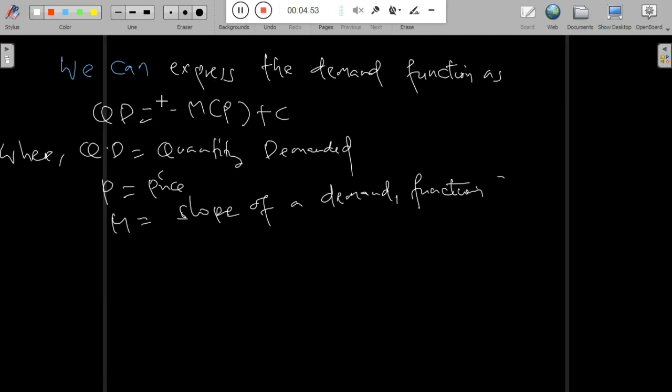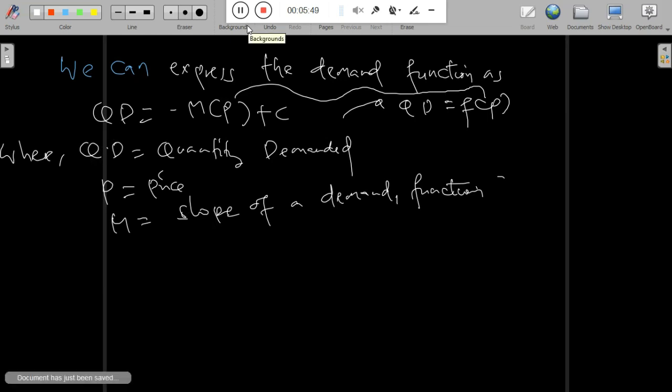So the quantity demanded function will be equal to negative mP plus c. So m is the slope of the demand function and P is the price.